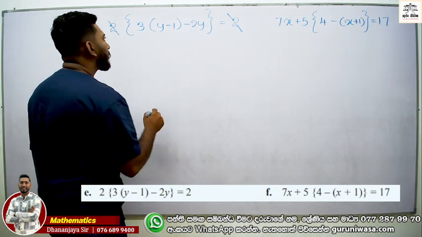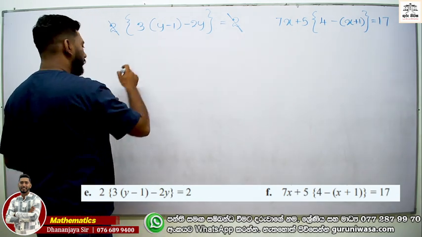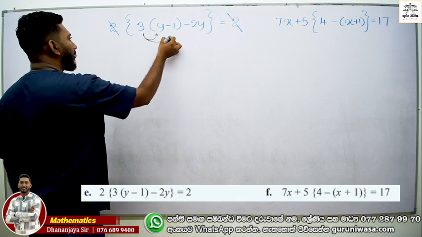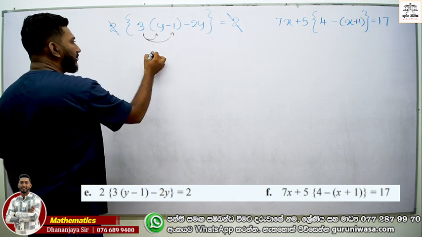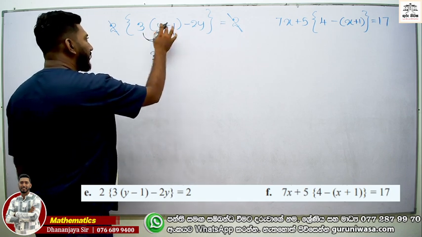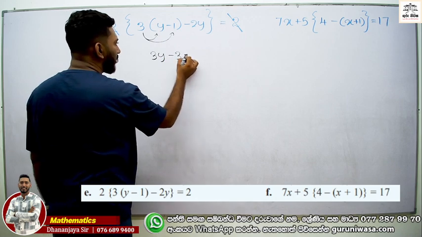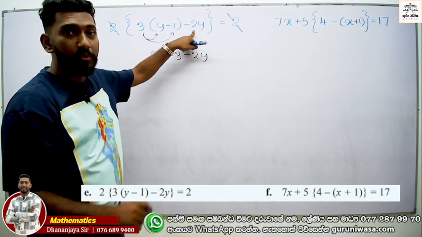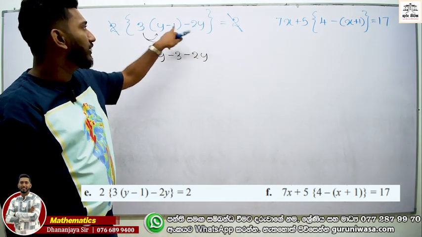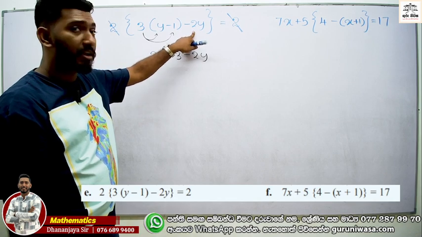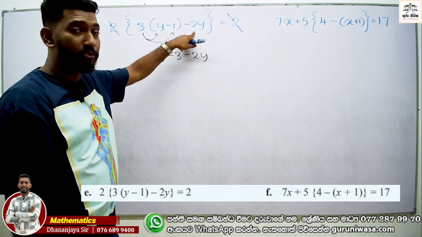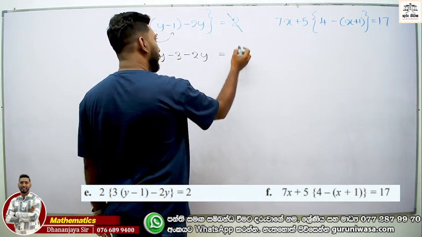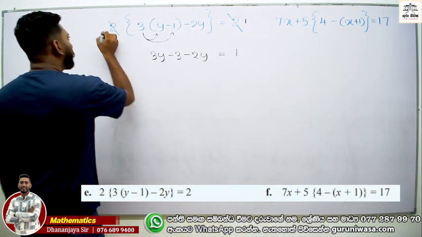Now listen. 3 times y. Now you can multiply like this. 3 times y, 3y minus 3 minus 2y. Don't multiply 3 and minus 2y, yeah? Because this one is outside of the parenthesis. Some students multiply that as well. Don't do that, right? Now equals 1, because 2 times 1, 2 times 1.